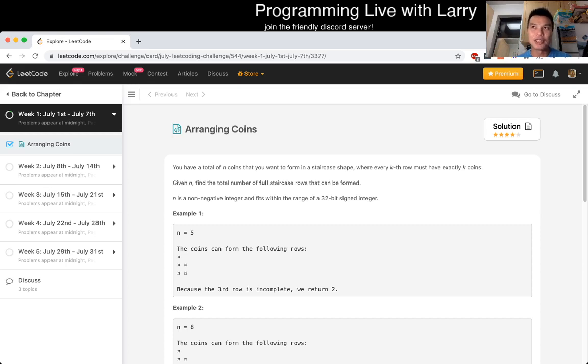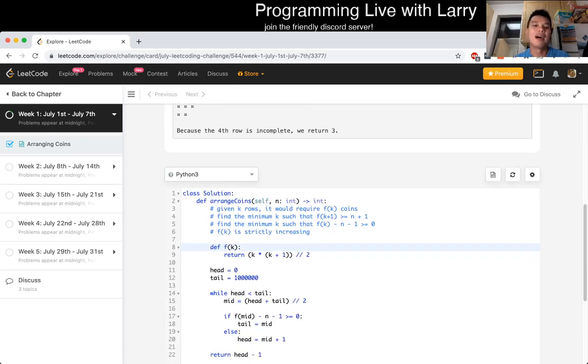And given that function, that function is a strictly increasing function. That's a quadratic equation, and because of that, you could find out when is the first point very easily by using binary search by coming up with a formula.